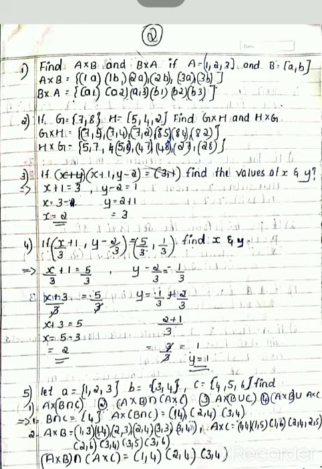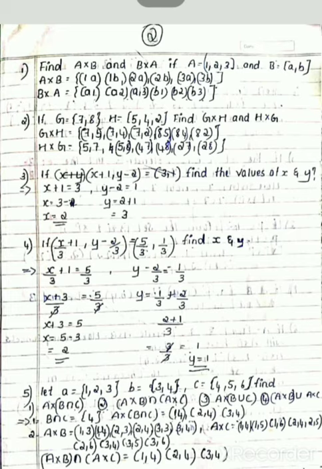Next problem. (A cross B) intersection (A cross C) you should find. First let us find A cross B. A is 1, 2, 3. B is 3, 4. I hope students have mentally said the elements of A cross B. They are 1, 3, 1, 4, 2, 3, 2, 4, 3, 3, 3, 4.